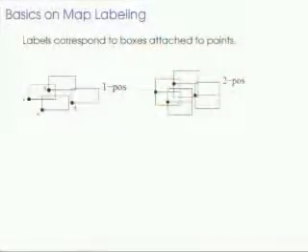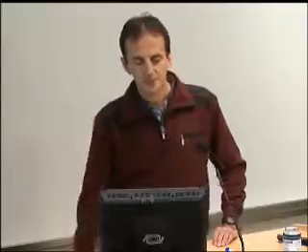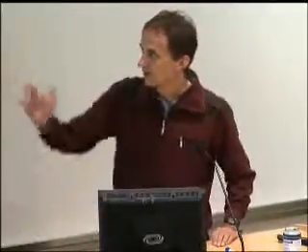But of course, you can also extend this to 2 positions, or 3 positions, 4 positions. There are several models there. The 1-pos and 2-pos models are the most simple. In the 2-pos model, for example, you have 2 possibilities to place the label. But let's come back to the one-pos problem.